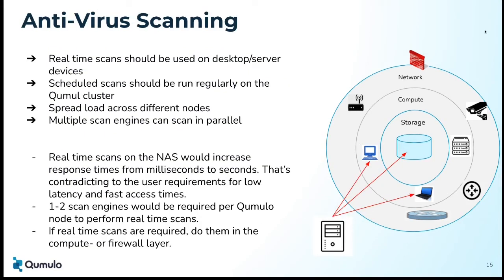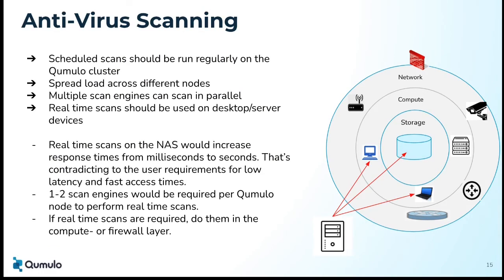Well, then there is the question about antivirus scanning. We do support every antivirus scanning solution that's out there that's able to mount a share or mount an export and run the scan. Best practice is definitely that you should schedule scans to run regularly on the system.